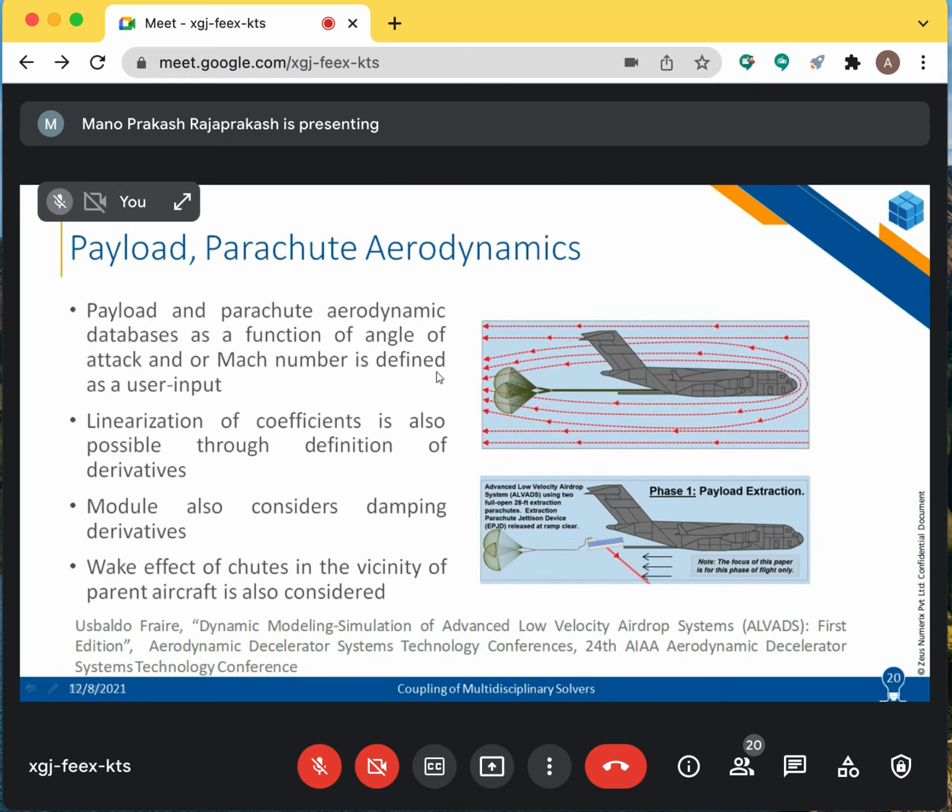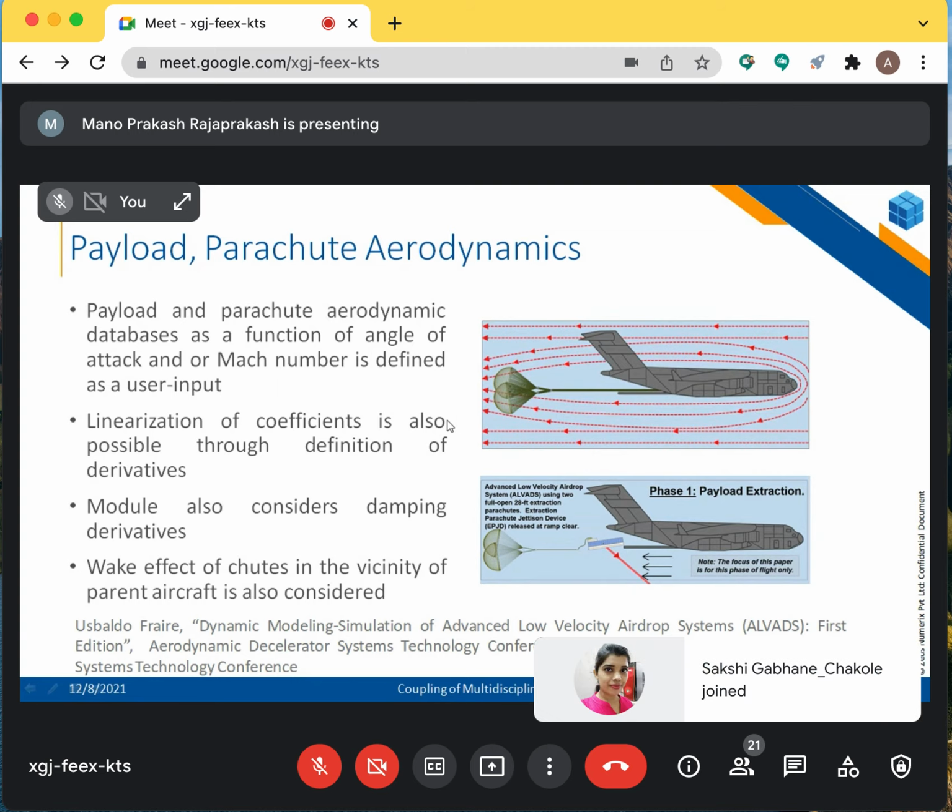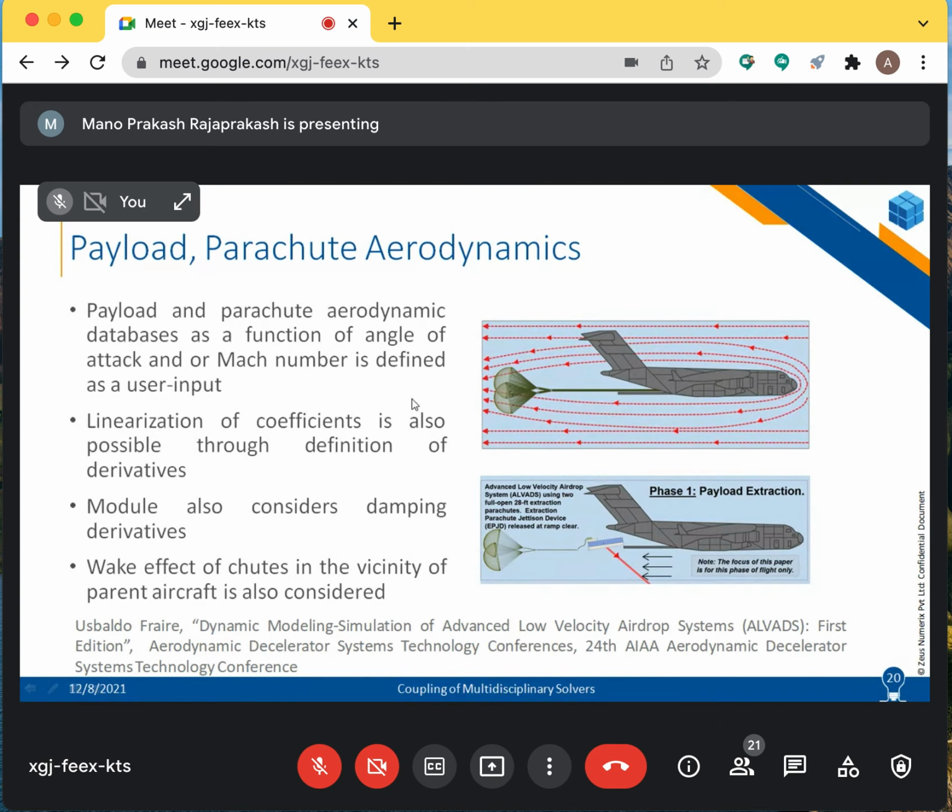So it should be able to handle scenarios where a coefficient is a function of angle of attack and angle of sideslip. It may also have a Mach number. So a very detailed, very exhaustive model is needed to simulate such scenarios. And it's not only the static coefficients; the damping derivatives are also very important from the modeling perspective.